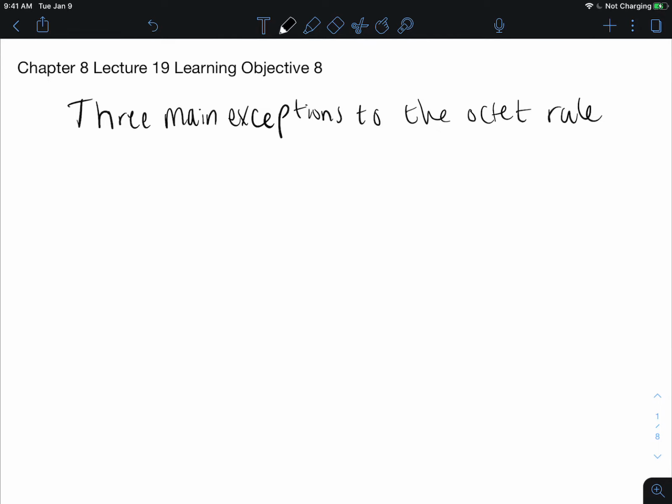We're going to have ions or molecules with an odd number of electrons. And when I say ions, I'm usually meaning polyatomic ions, right? Because we always do our Lewis structures for our molecules.